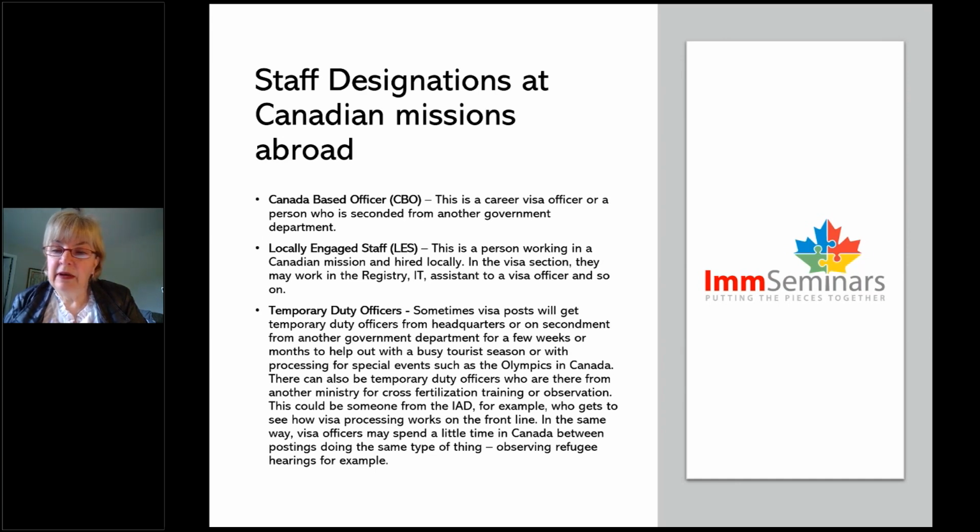The second major designation is locally engaged staff. So we have the Canada-based officers who are Canadian citizens or permanent residents, usually citizens, and they're posted abroad. The locally engaged staff is a person working at a Canadian mission and hired locally. In the visa section, they may work in the registry, in the IT section, as an assistant to a visa officer, and so on.